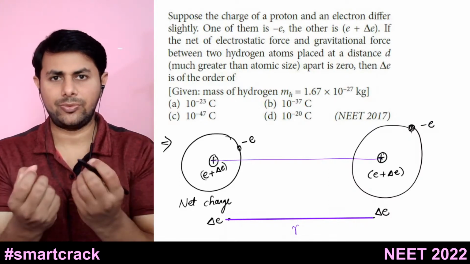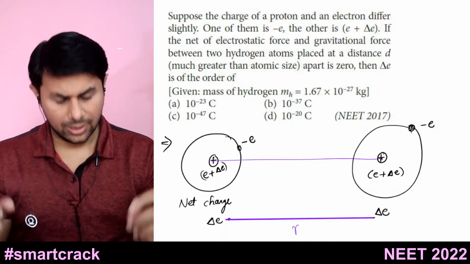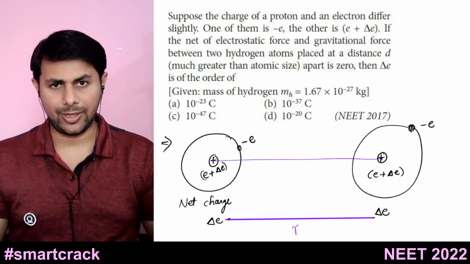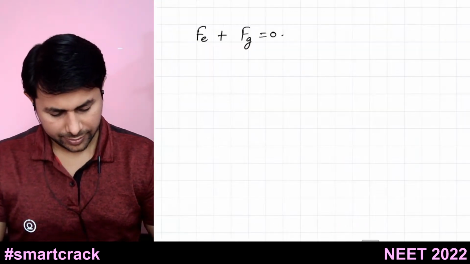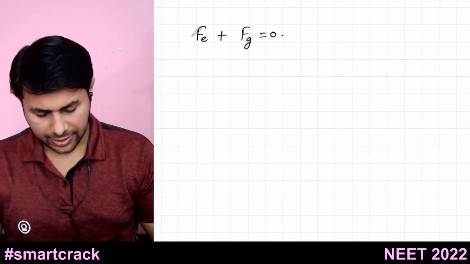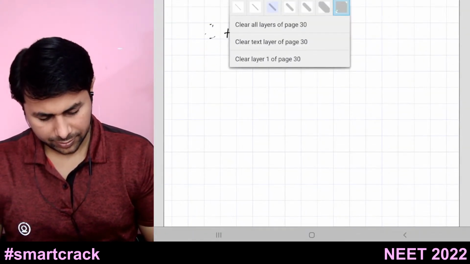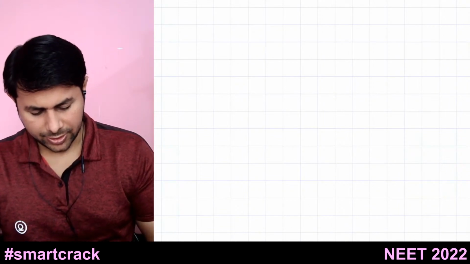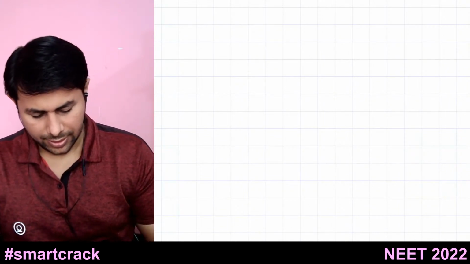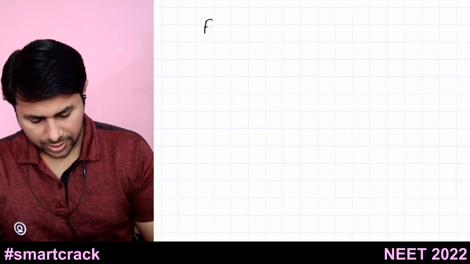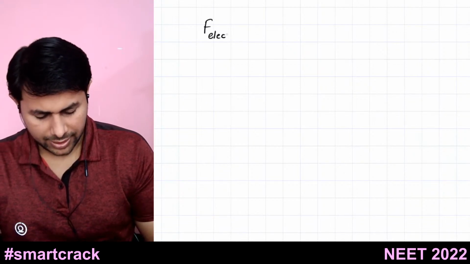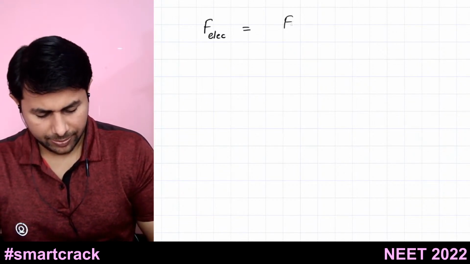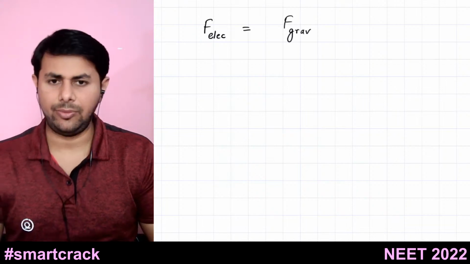Gravitational force will attract the two charges and electrostatic force will repel them. So the electrostatic and gravitational forces are the same in magnitude and opposite in direction. So F electrostatic is equal to F gravitational in magnitude.